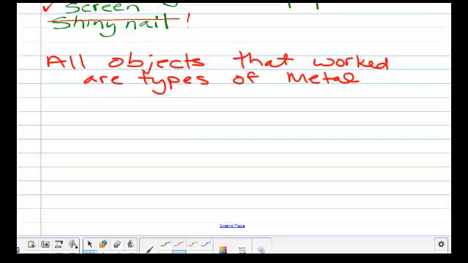Because is copper a metal? I know it's a metal because when I studied conductors and insulators, did it work? Did the copper work? Yes. Did the foil work when it came down to conductors and insulators? It did. So I know they're metals. So what I've discovered is that not all types will stick.